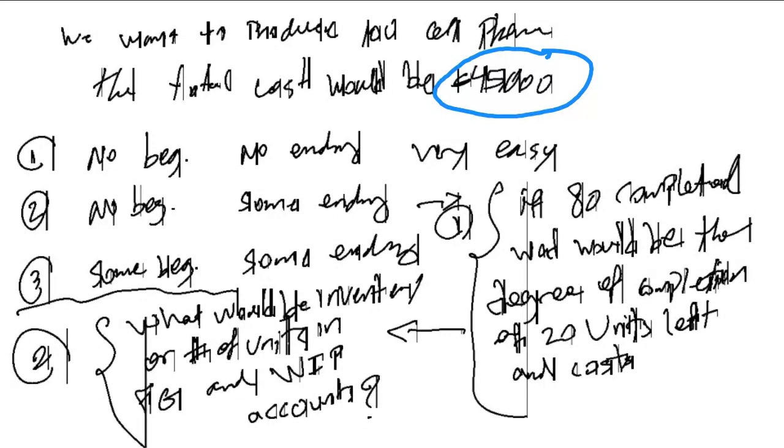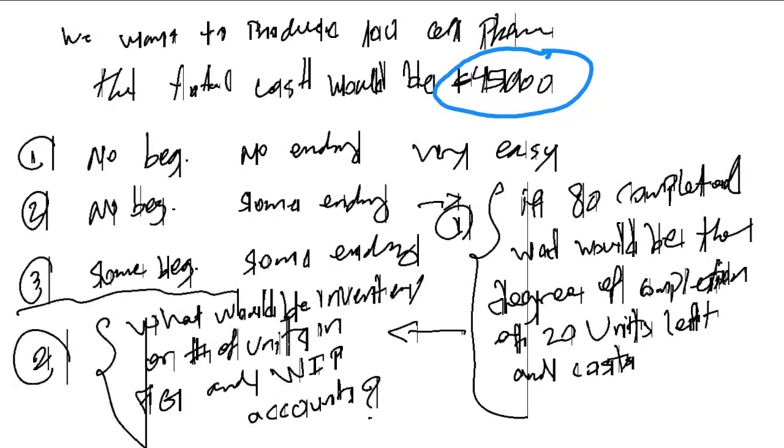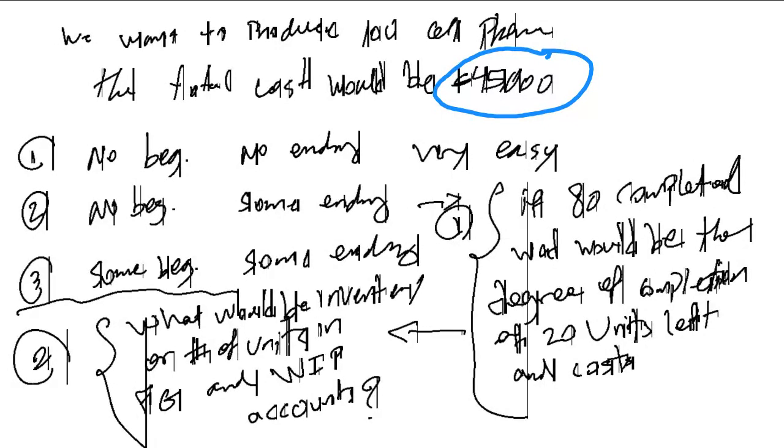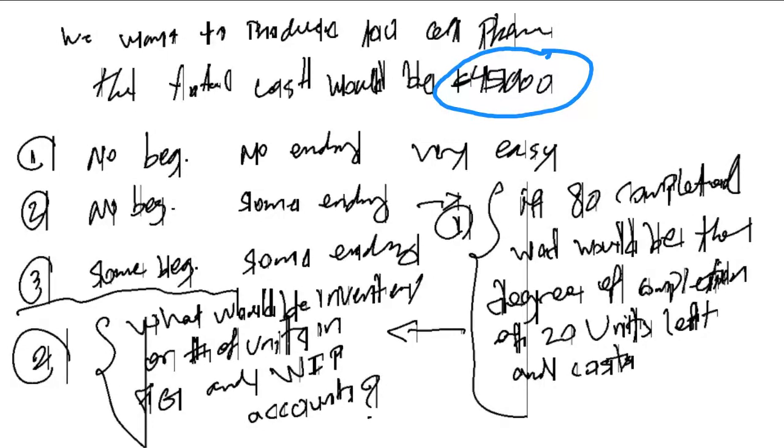So we have to come up with the rate of completion. What percentage of those 20 units are completed? If we can come up with that rate, then it is easy to convert from incomplete units to completed units. So let's say, based on the department that is in charge of assessing those incomplete units, we receive the information that 25% of those 20 units have been completed.